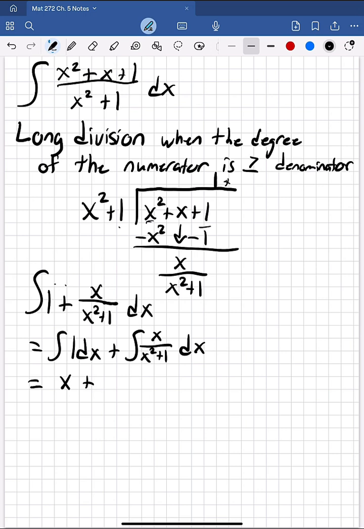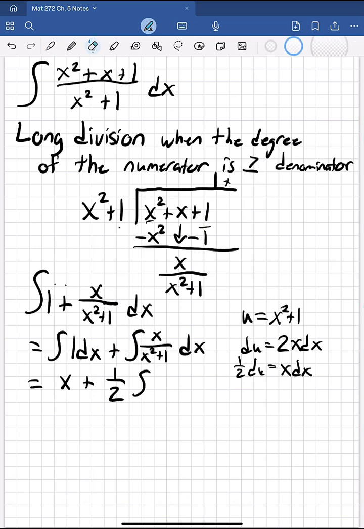All right. This one, though, the second term is going to require u du substitution. So I'm going to let my u be x squared plus 1. I'm going to let du then be 2x dx. Of course, I want to divide my 2 over, so I have 1/2 du is equal to x dx, because I can replace x and dx. All right, so that actually leaves me with 1/2.